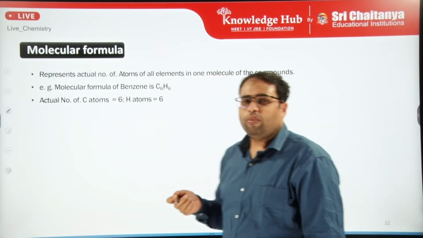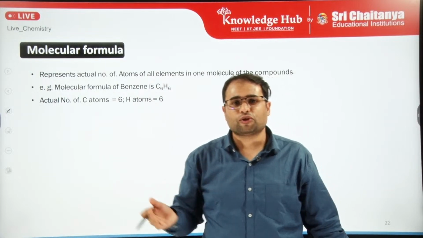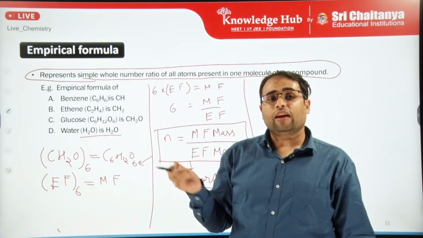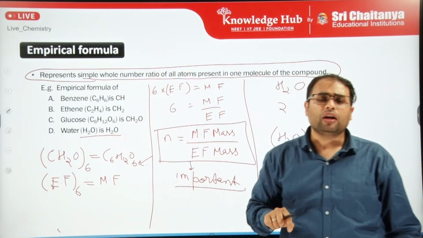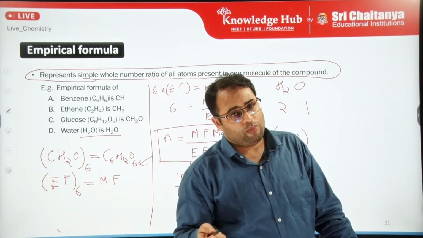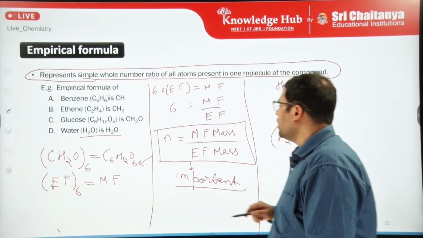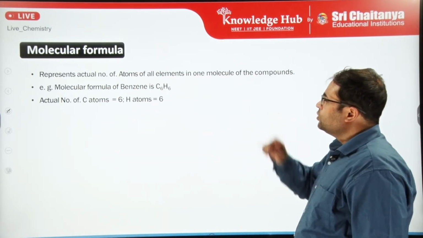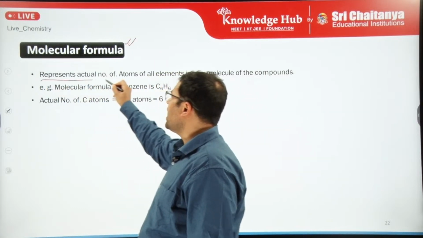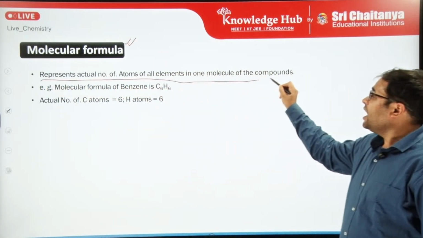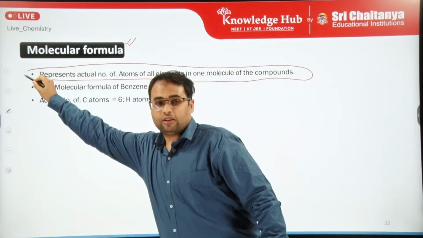Now empirical formula we have done, with a simple whole number ratio, and we know that if we multiply this empirical formula by a particular number, then we will get the molecular formula, correct? So let us talk about the molecular formula. Obviously it represents the actual number of atoms in one molecule of the compound.